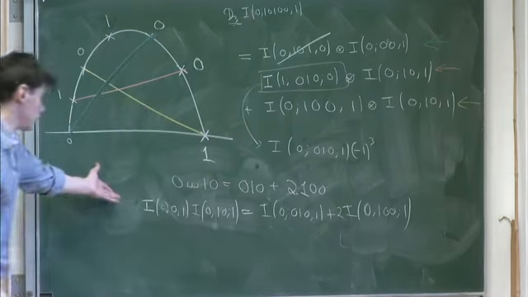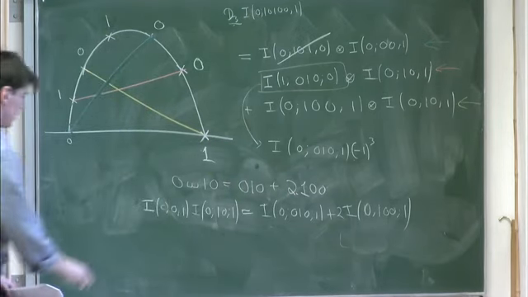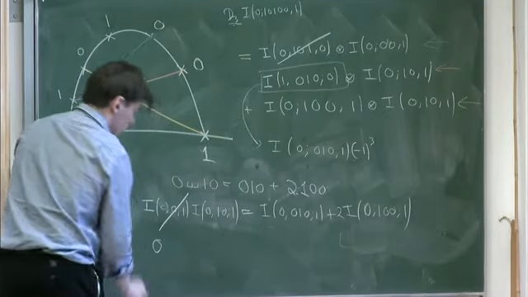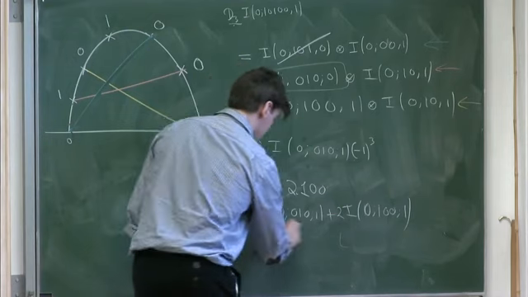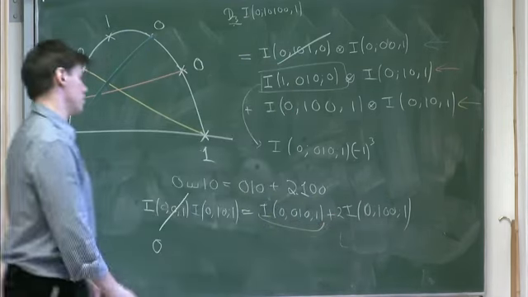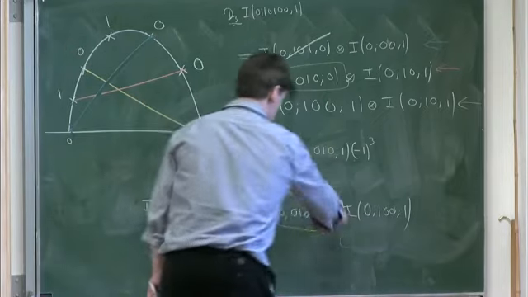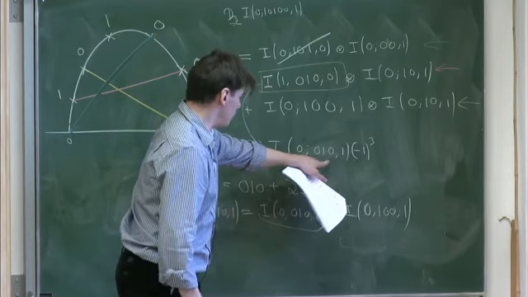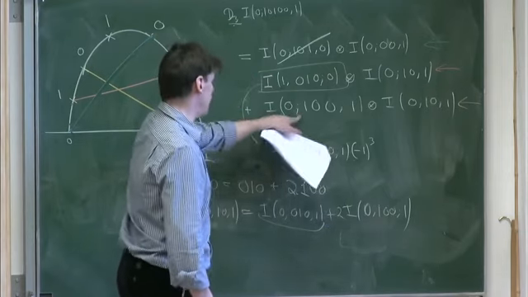Right, so that's just the shuffle product formula. Again, this side is 0. So that means that this term is equal to minus twice that term. So when I take minus it, it's equal to twice that term, and I add it onto here.